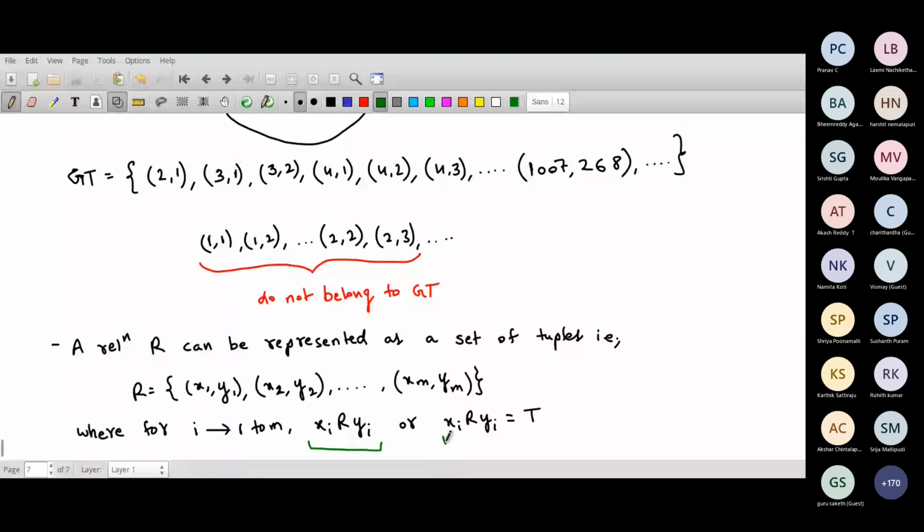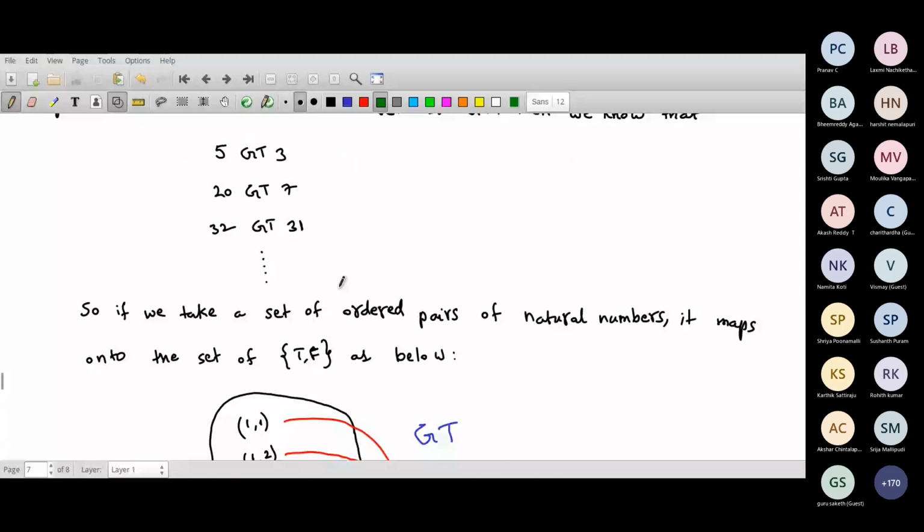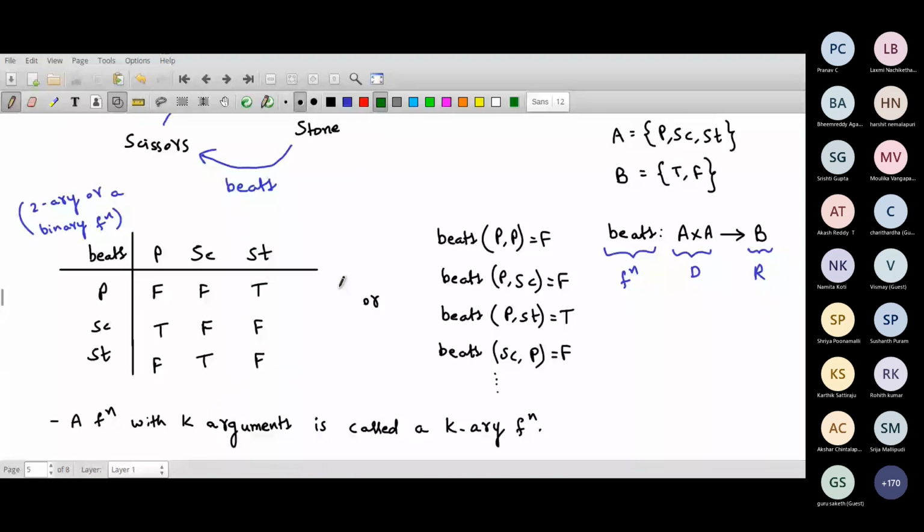That is the idea. Okay, so let's take the previous example, the beats example. So let me copy the table.